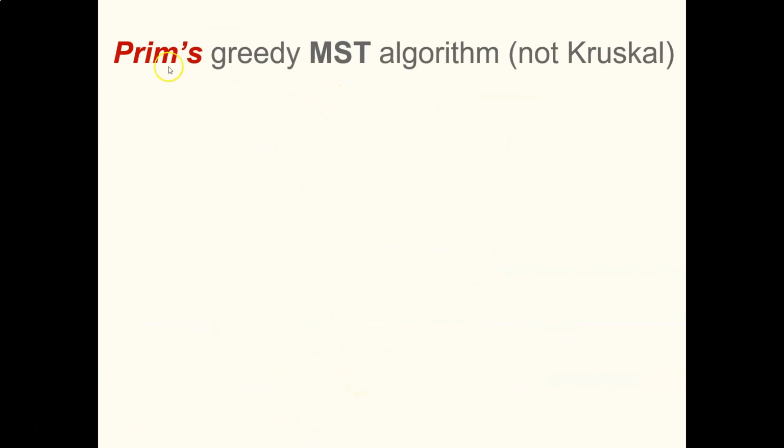The other greedy algorithm that we want to discuss in this lecture is Prim's. Prim's is another greedy algorithm for finding a minimum spanning tree. This is not Kruskal, like I said. You have to know which one is which, guys, okay, for your exams or test. So remember, in the previous case, how did we start?